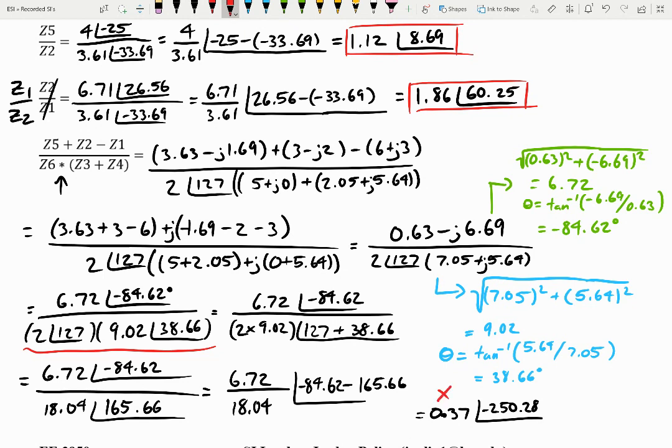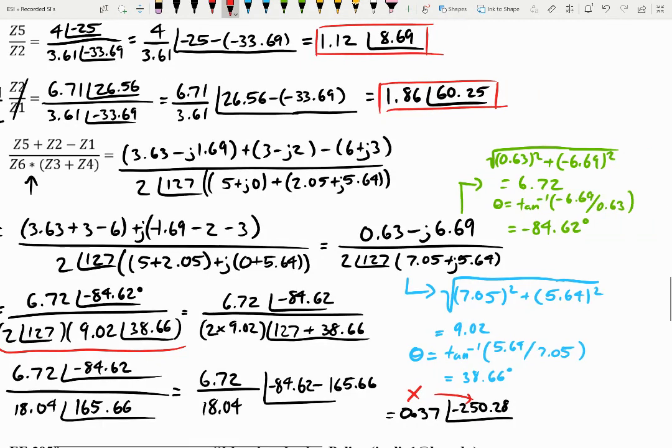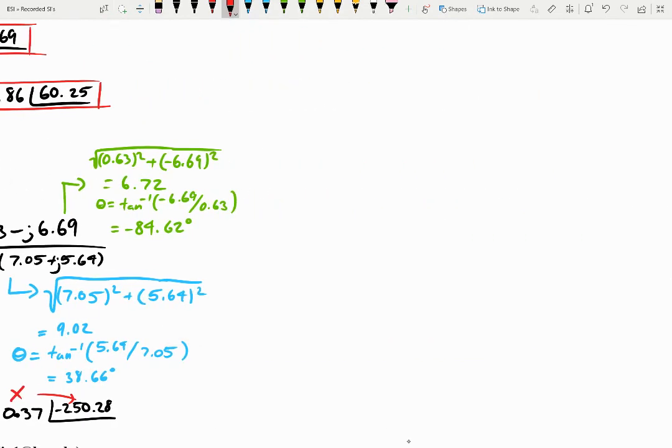Not quite. The issue is this angle here. We need it to be between 0 and 180, or 0 and negative 180. So I'm going to drag this a little bit over here. This is 0.37, at an angle of negative 250.28.